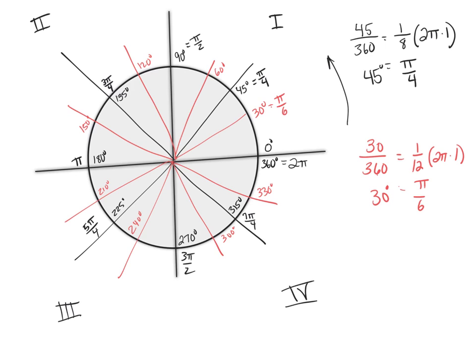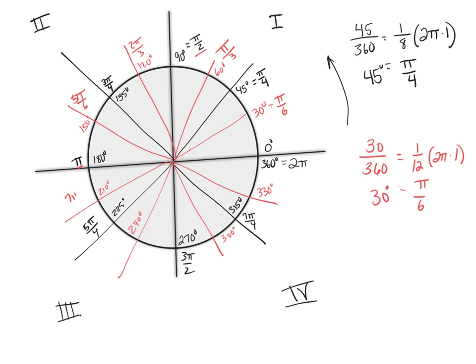60 degrees is 2 pi over 6, which reduces. So we have 1 pi over 6, 2 pi over 6, 3 pi over 6 reduces to pi over 2. Then we're going to have 4 pi over 6, which reduces. Then we have 5 pi over 6. And 6 pi over 6 is at pi.